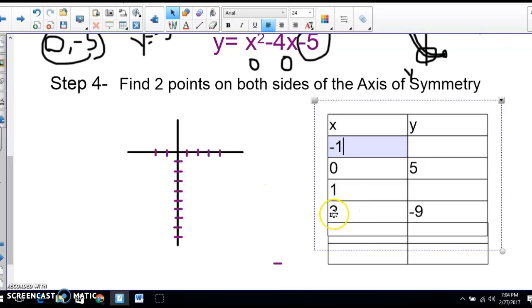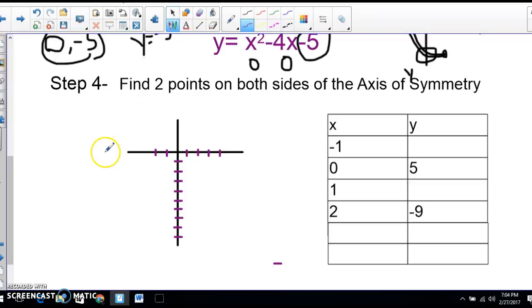So what we have is at 2, negative 9. We already know that one. We have 0, 5. So we have x is 1. And so what we're going to do is type in 1. We're going to plug in 1 to our original equation, which was x squared minus 4x minus 5. And we're going to go ahead and put 1 in.